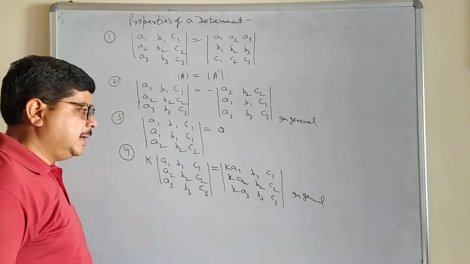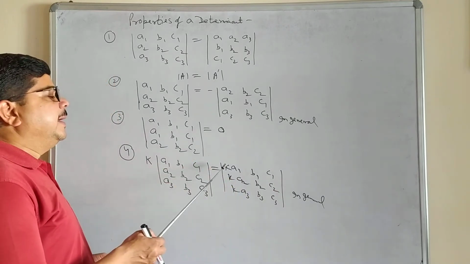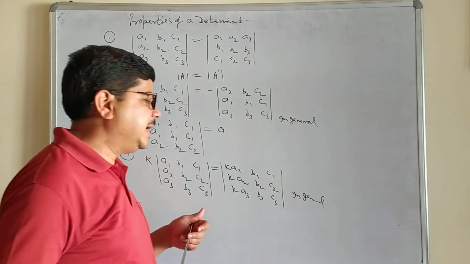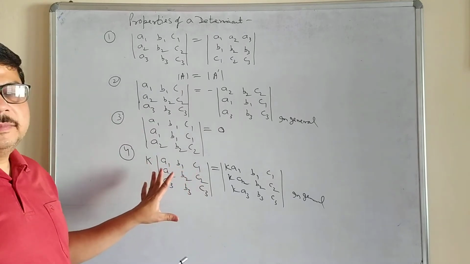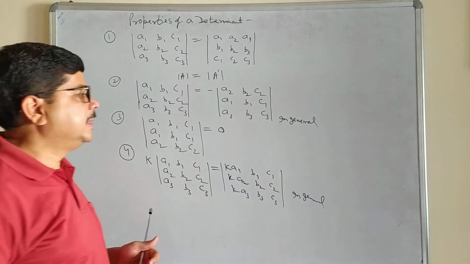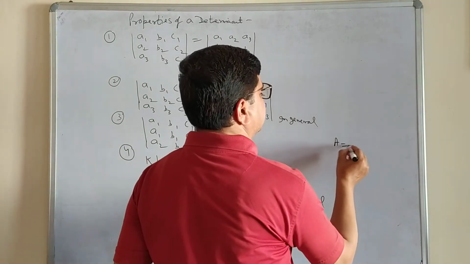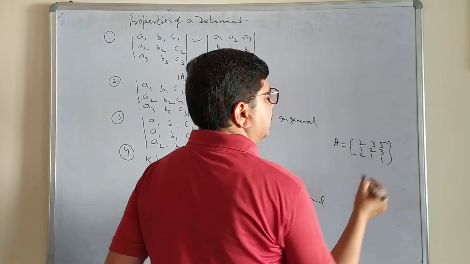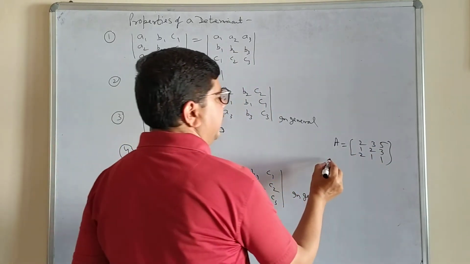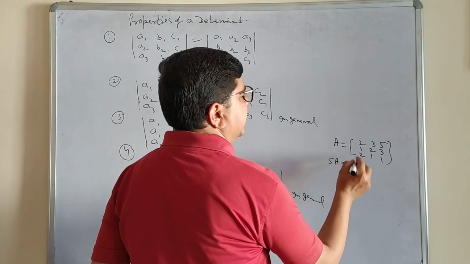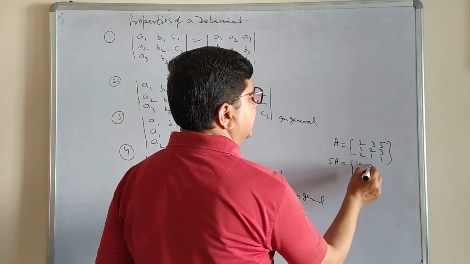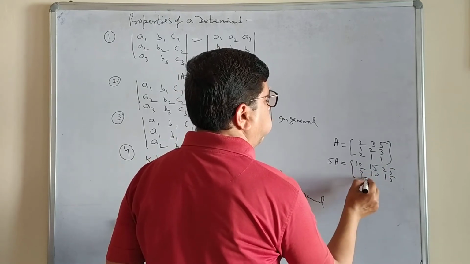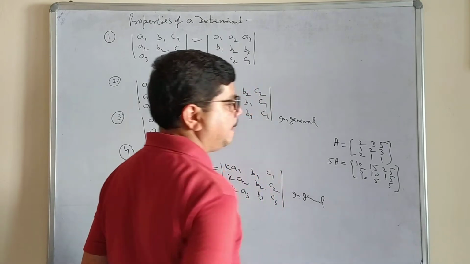Similarly, when you are taking common, then from every element of any one row or column, any number can be taken common. This is the basic difference between a matrix and determinant. Suppose this is a matrix and you want to find 5 times A. In the case of a matrix, it will be like this.